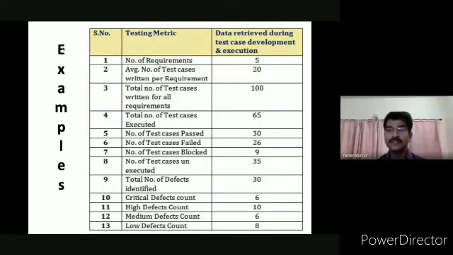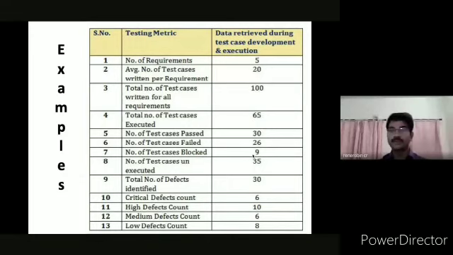If you add 30, 26 and 9, you get 65. So the total number of test cases executed is 65, and the total number of test cases I have written for this particular task is 100.